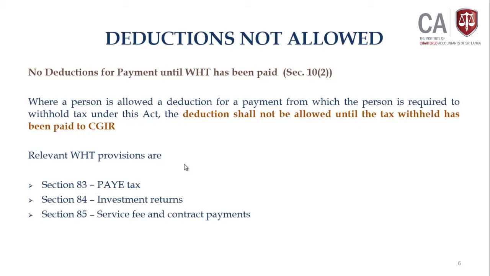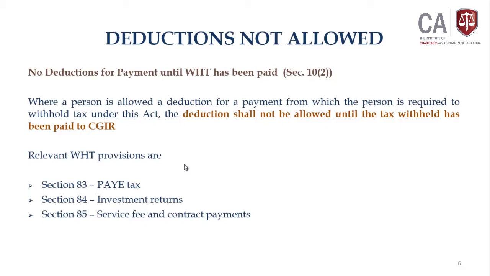Why? Because your expense is 1 million rent. You disburse 900,000 to the landlord and 100,000 on behalf of the landlord to the Department of Inland Revenue for him to claim as a tax credit. So, the cost is actually 1 million.